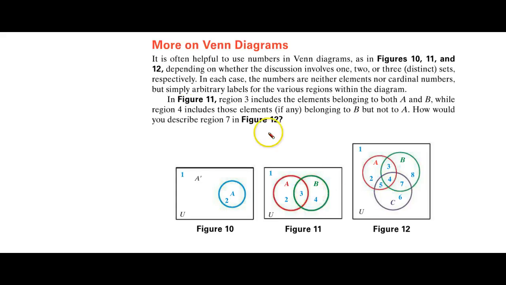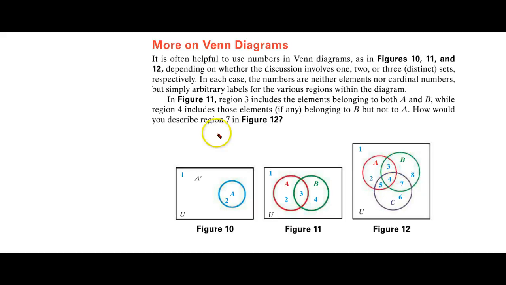For instance, in figure 11, 3 includes the elements, or is included in both set A and set B, while 4 indicates it's not in set A at all. And if you see this 4 in this diagram, it is included in all three sets.